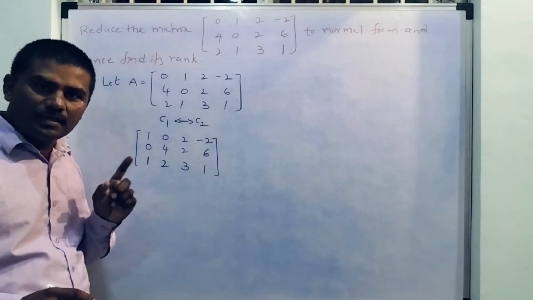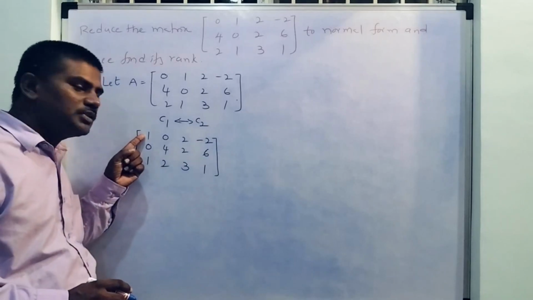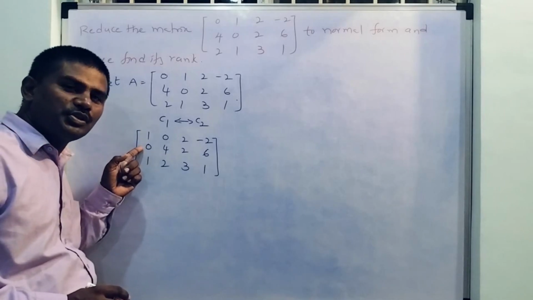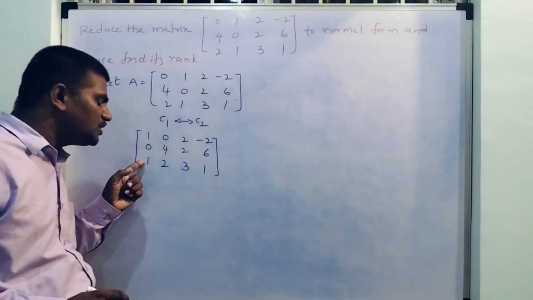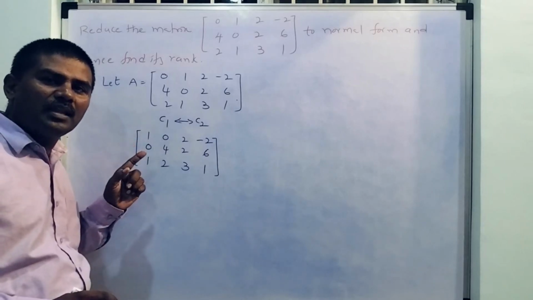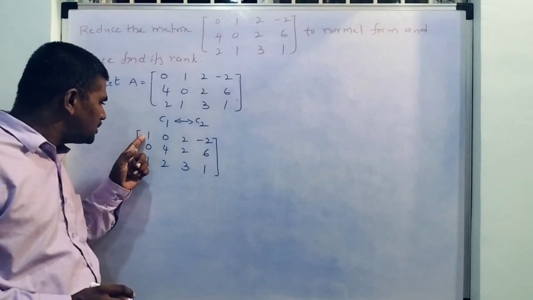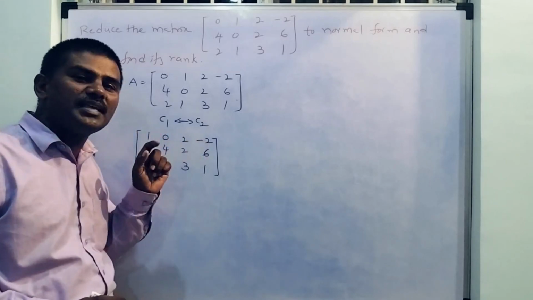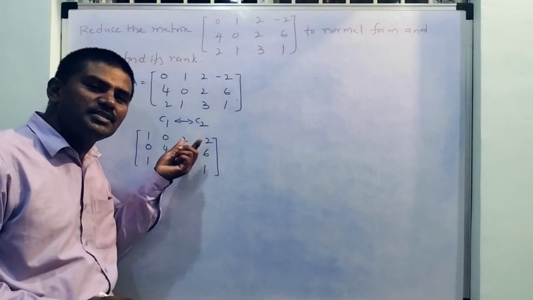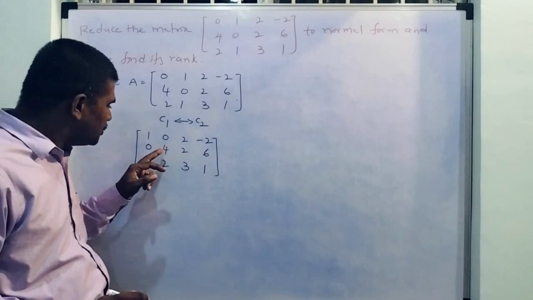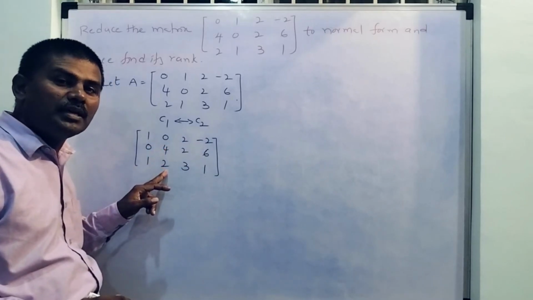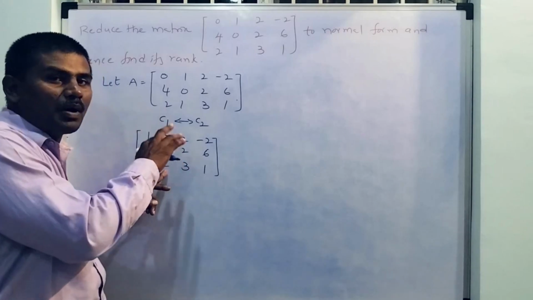Here is the procedure. First of all, use this element and make these two elements 0. But fortunately you have 0 here, so it is enough to make this one 0. Then apply elementary column operations, use this element and make these 3 elements 0. Here it is already 0, so it is enough to make these 2 elements 0. Then use the next element and make this element 0 after applying elementary row and column operations.